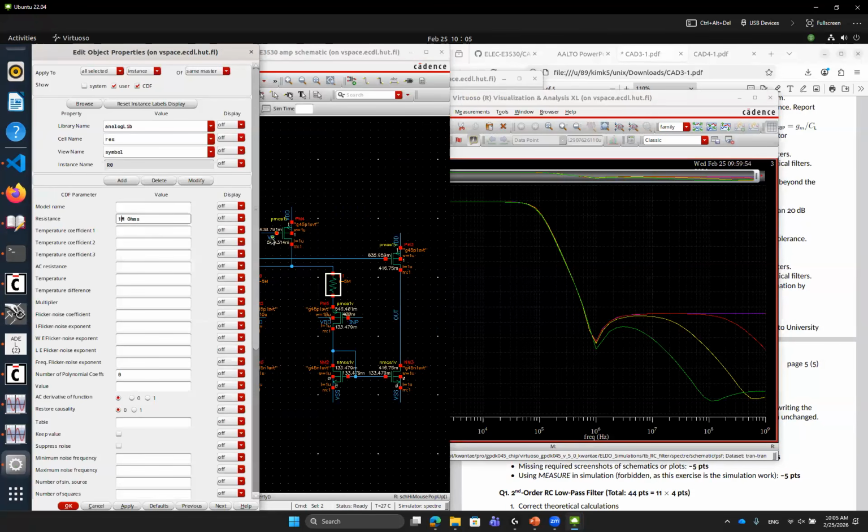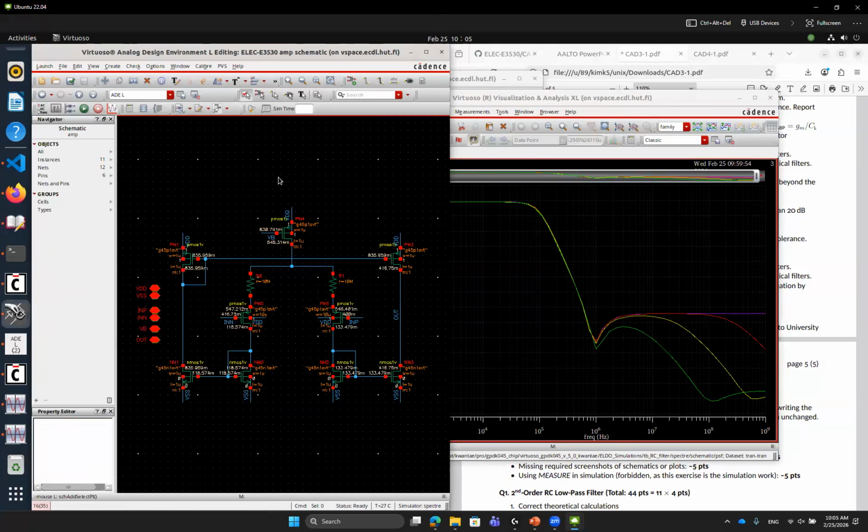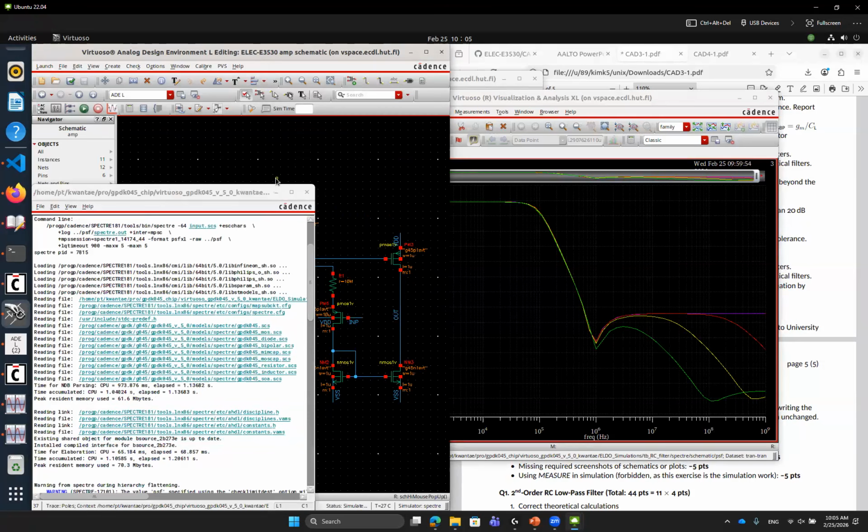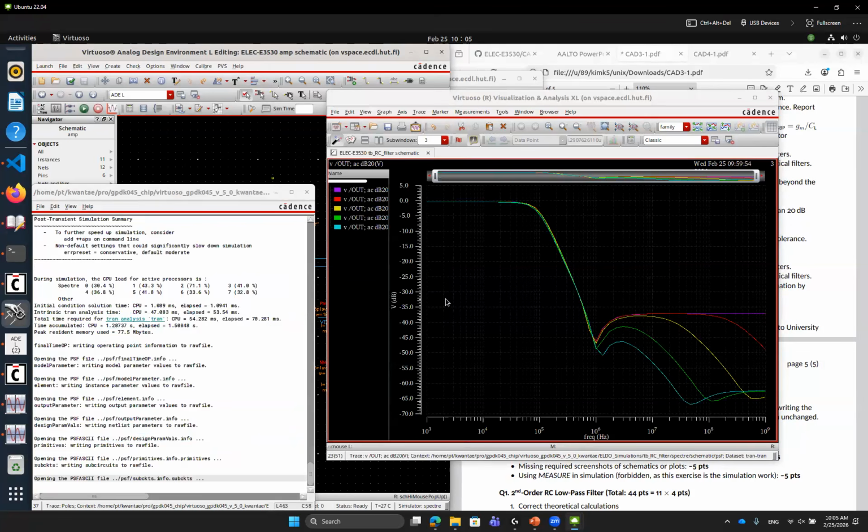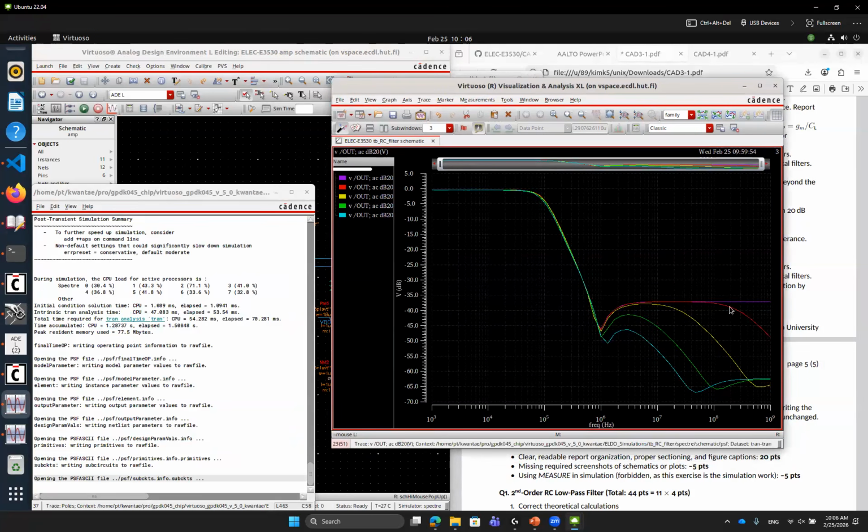If I increase to 10 mega ohm, okay, so you can increase this resistance more and more to improve the stop band attenuation by more than 25 dB.